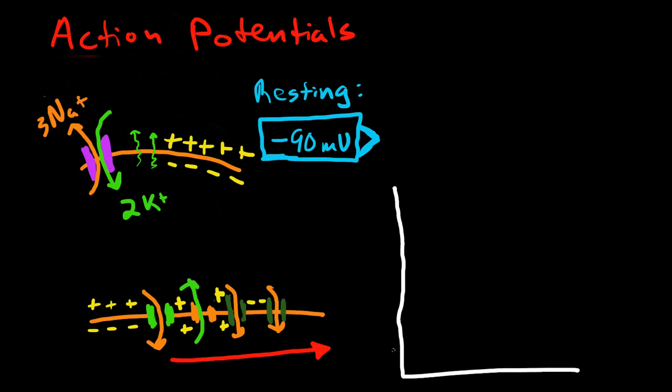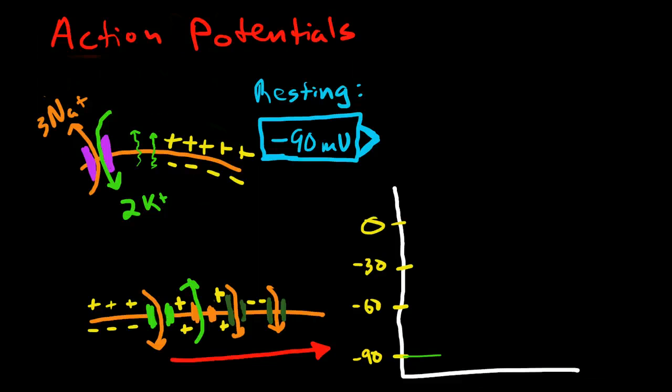So let's say we're starting out with a resting potential of negative 90 millivolts, and maybe we have a threshold of negative 30. So with a nerve action potential, it's hanging out at a negative 90 resting potential.